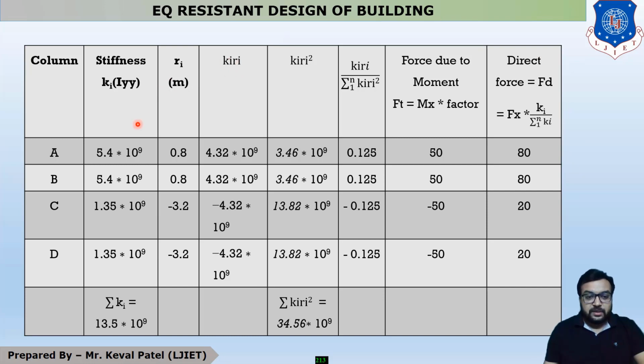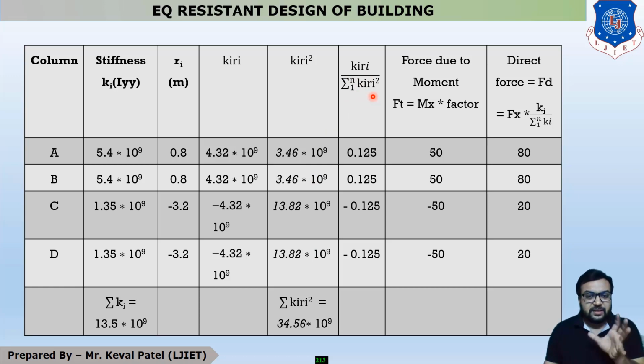Next is KiRi. We multiply column number 2 and column number 3 to get KiRi. Next is KiRi square, which is the multiplication of column number 2 and the square of column number 3. Next is KiRi divided by summation of KiRi square.